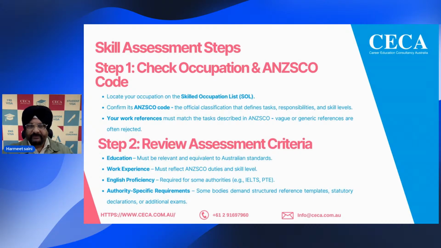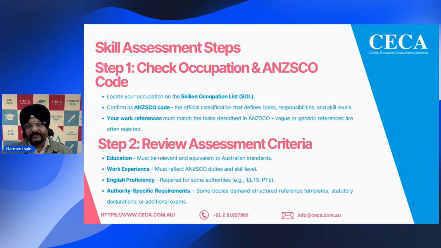Whichever skill assessing authority, and whatever your qualification, when you're going for a particular skill assessment as per your qualification and work experience, you need to check your occupation first and the relevant ANZSCO code, the Australian and New Zealand Standard Classification of Occupations. This is the standard adopted by the Department of Home Affairs.